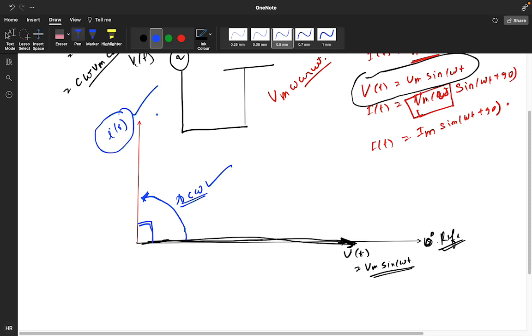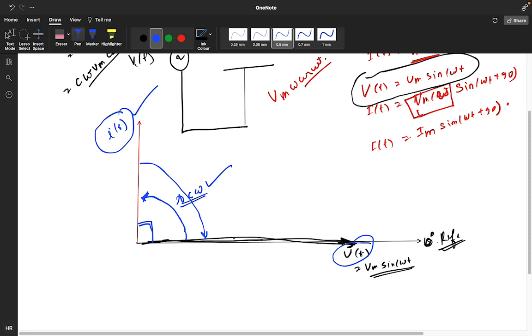If anyone asks about V of t, from this point of time, V of t will lag the current by 90 degrees.